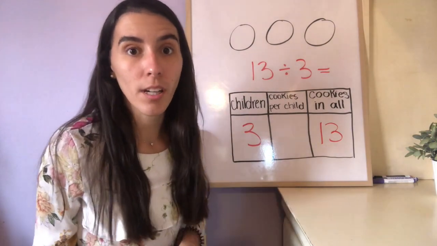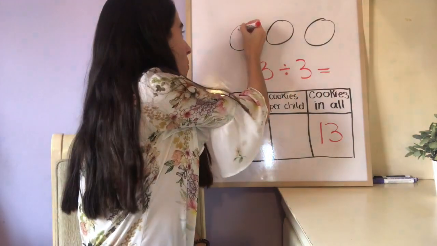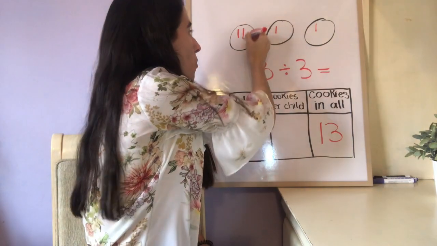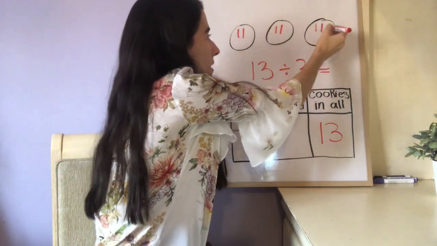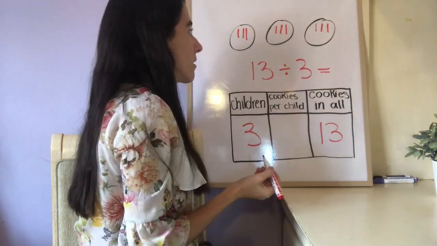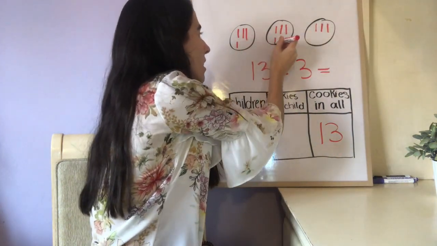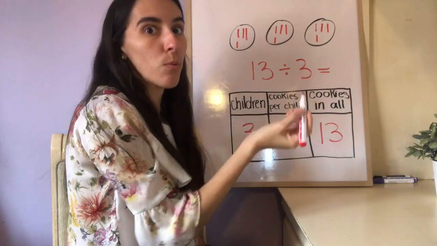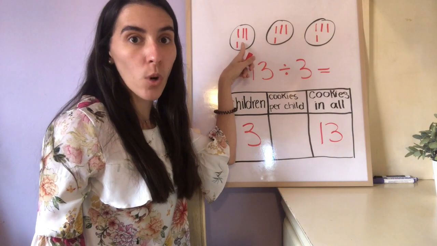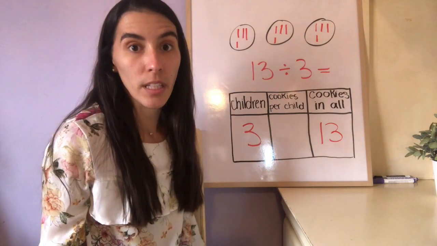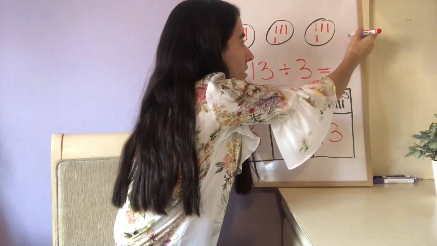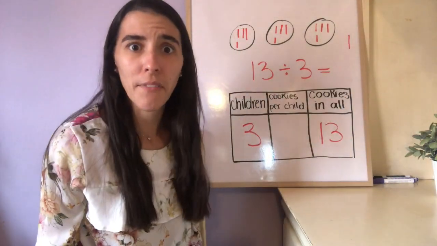So I am going to start counting. 1, 2, 3, 4, 5, 6, 7, 8, 9, 10, 11, 12, and 13. But if I give this first child one more, then it won't be split evenly or equally. So that last one that I had left over, I'm just going to leave it out here. Somebody else can have that cookie later.